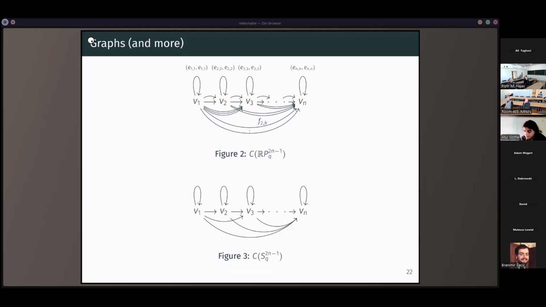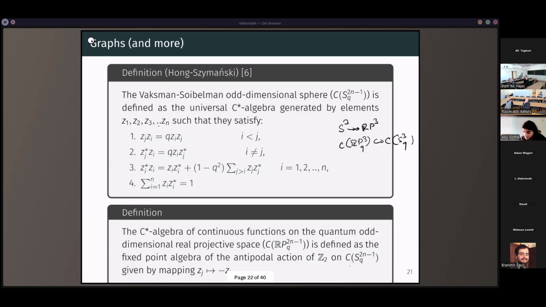Sorry, I'm not sure if you mentioned it, but it's definitely worth mentioning here that if you divide by the action of U1, I mean, you take the U1 fixed point subalgebra, then you have complex projective spaces. Because it's somehow more obvious to do it that way, right? Here only odd spheres are given, and if you are defining complex projective spaces, odd spheres are all that you need. And it's absolutely clear from the Vaksman-Soibelman relations that they are invariant under the obvious rephasing action of U1.